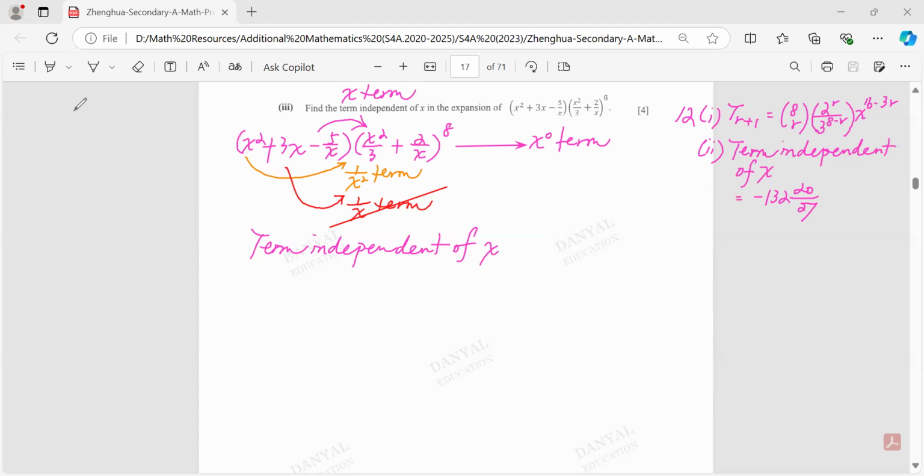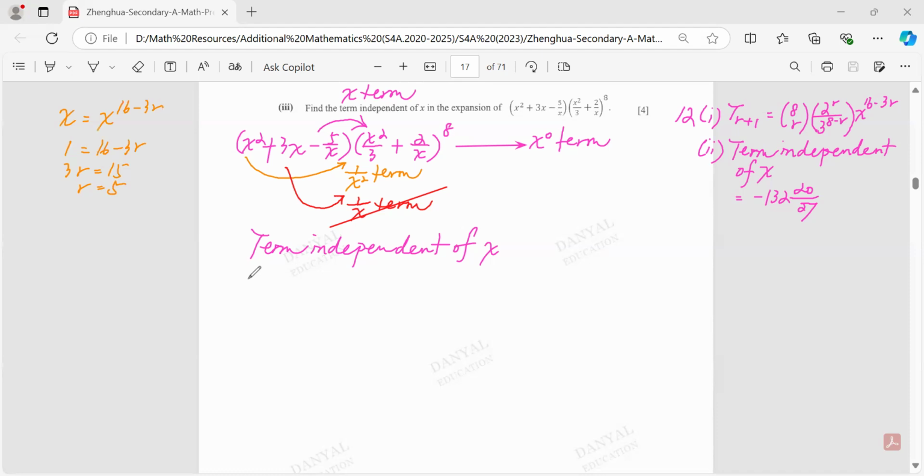So if it's the x term, then it's x to the power 1 compared to x to the power of 16 minus 3r. So I have 1 equals 16 minus 3r. So 3r equals 15. So r is 5. So there is the x term available.